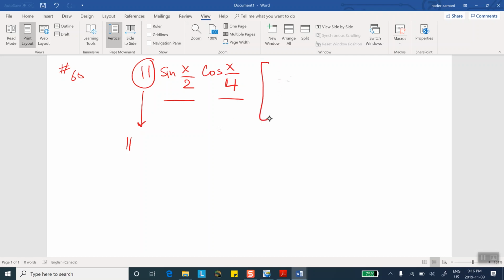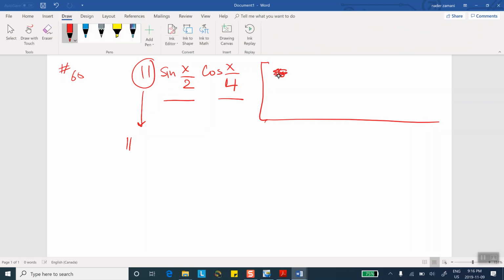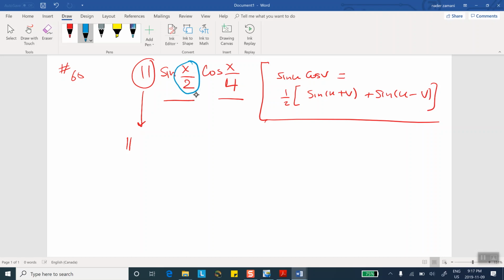And you'll notice that the formula that we're looking at is the first one in that group, namely, sine of u cosine of v is equal to 1/2 sine of u plus v plus sine of u minus v. So notice that this is your u, and this is your v.